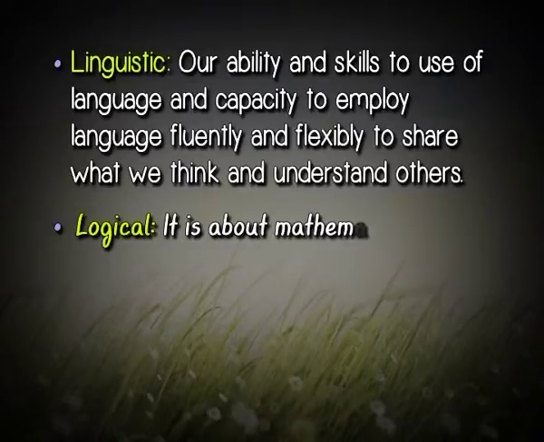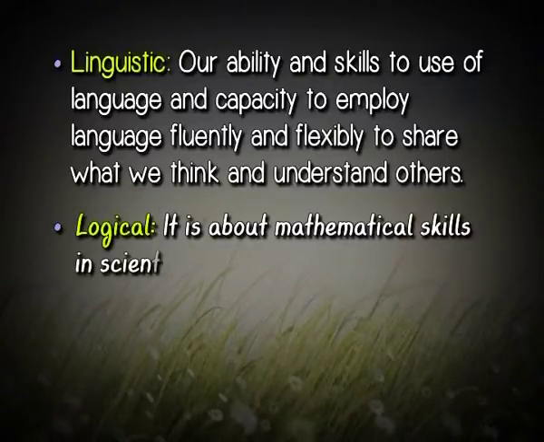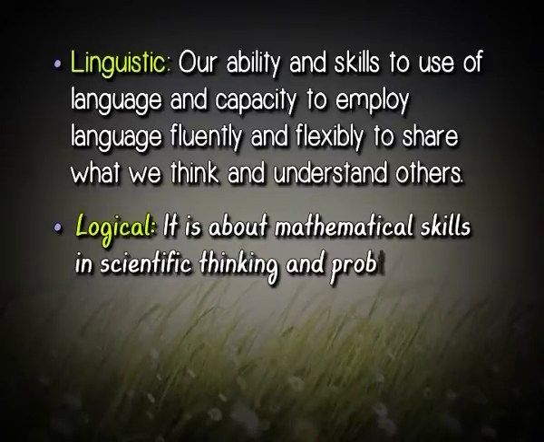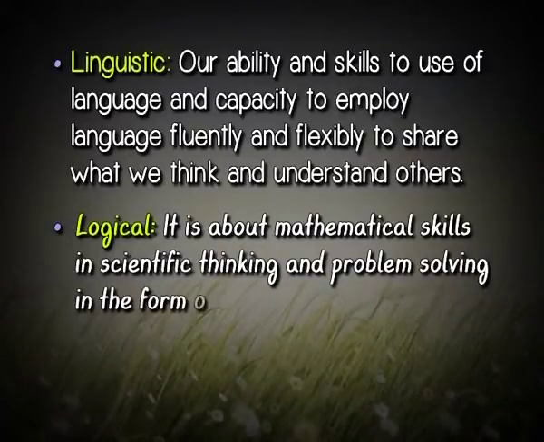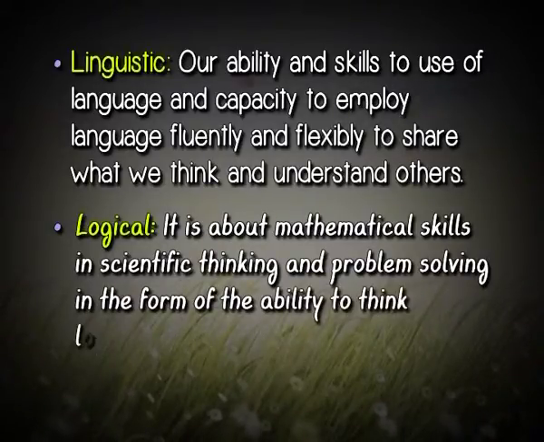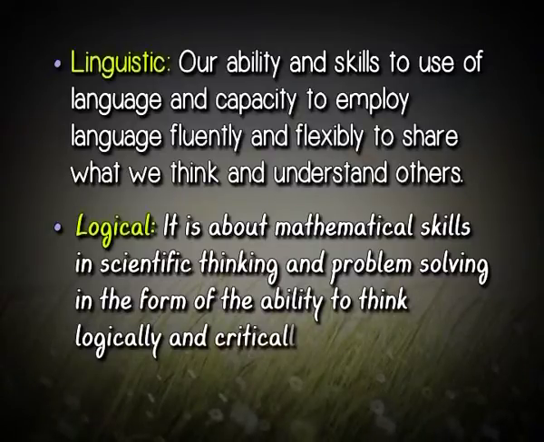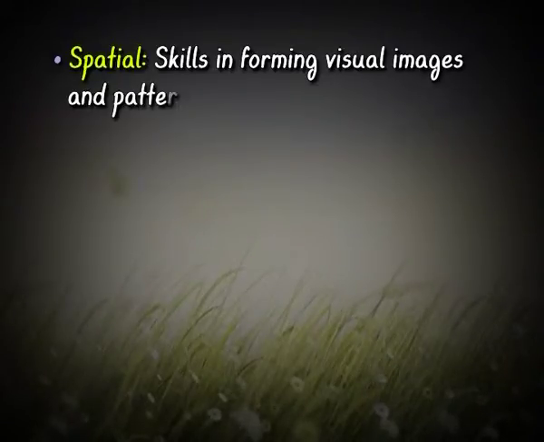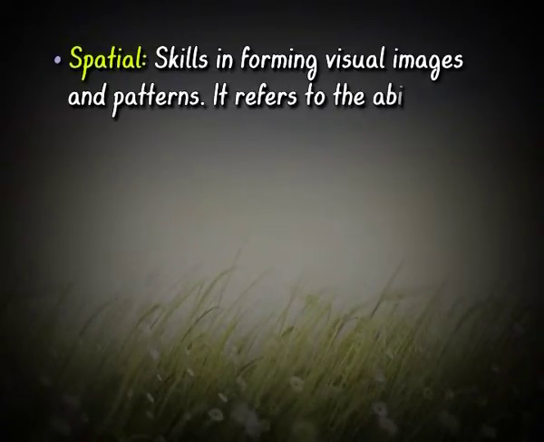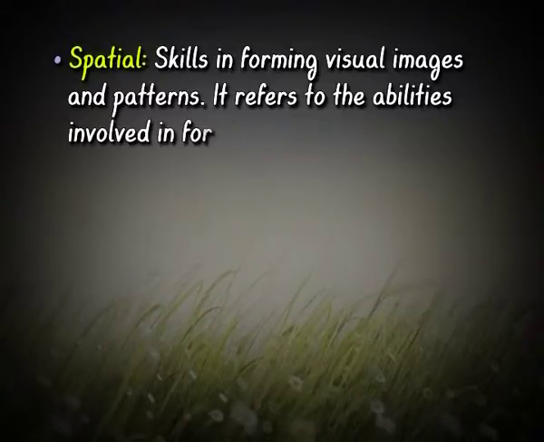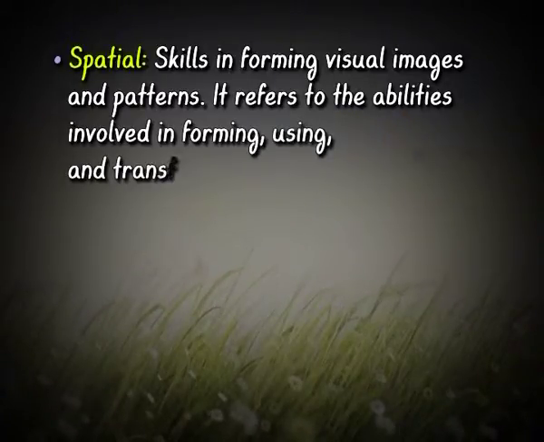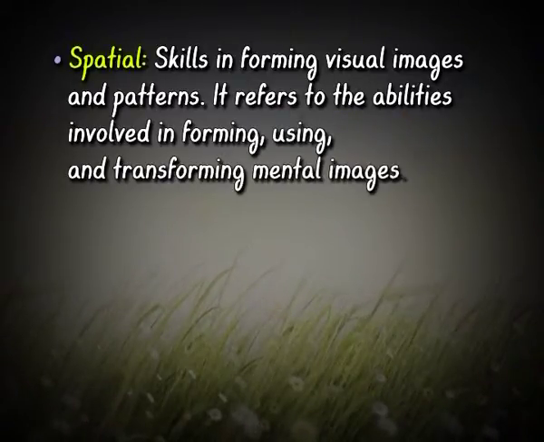It is about mathematical skills in scientific thinking and problem solving in the form of the ability to think logically and critically. Spatial. Skills in forming visual images and patterns. It refers to the abilities involved in forming, using, and transforming mental images.